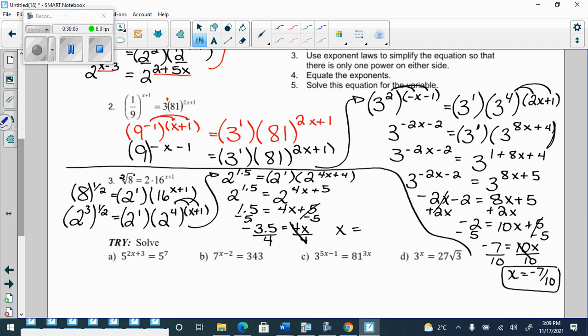Negative 7 over 2 divided by 4 is negative 7 over 2 times 4, which is negative 7 over 8. Every single one of these you can check, correct? By plugging it back into the equation and seeing if you get left side equals right side.